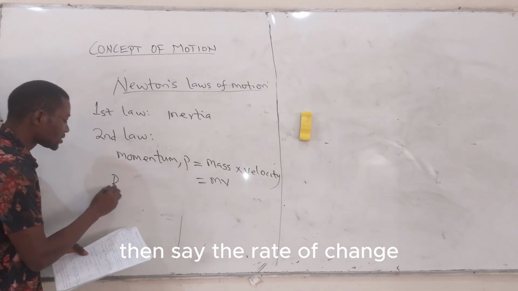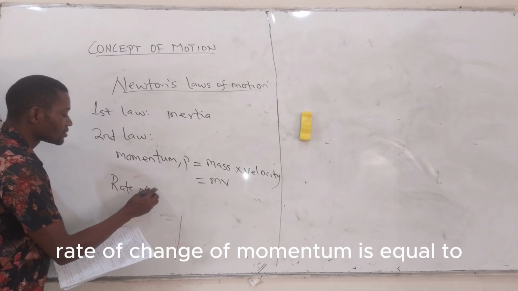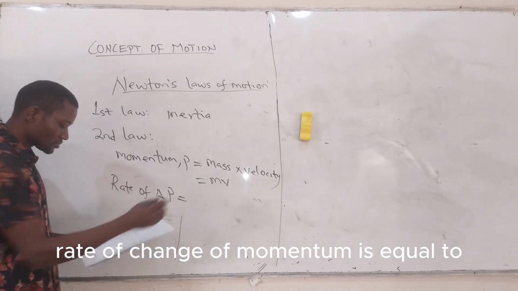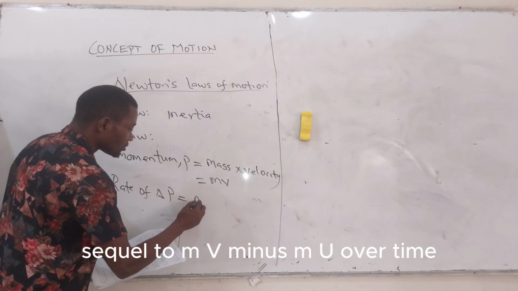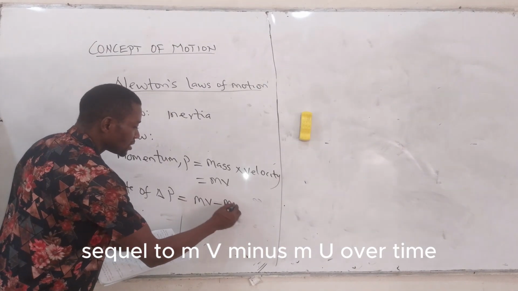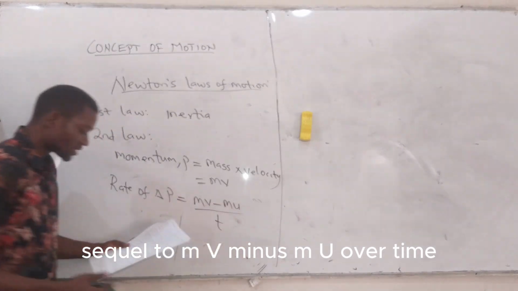Then the rate of change of momentum is equal to mv minus mu over time.